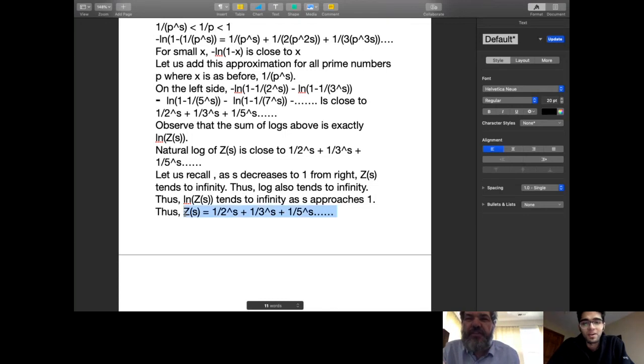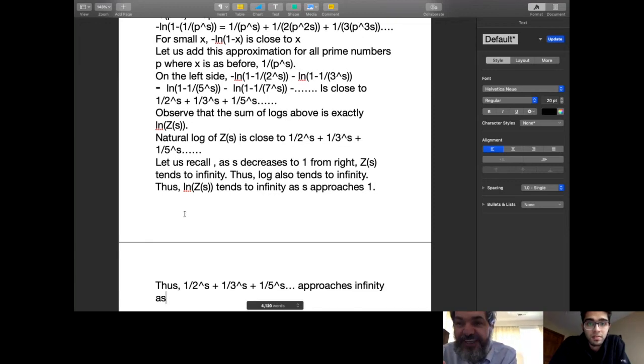Then let's just put the sum: 1 over 2 to the s, because this was close to the natural log. We saw that it tends to infinity. So our sum that was close to the natural log now approaches infinity, plus 1 over 5 to the s plus, and so on. It approaches infinity.